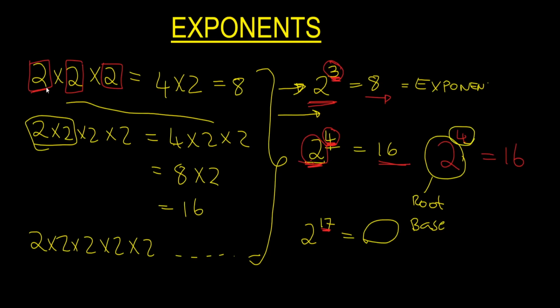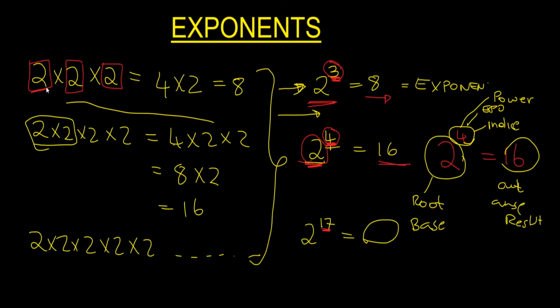This is how many times you multiply your root or your base. We call this an exponent, or to the power, or a power. And this is the output or an answer or result. So this is your base. This is your exponent, index, or power, and you get the result.